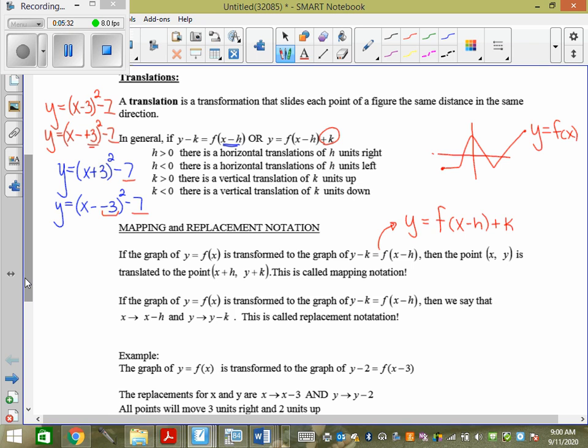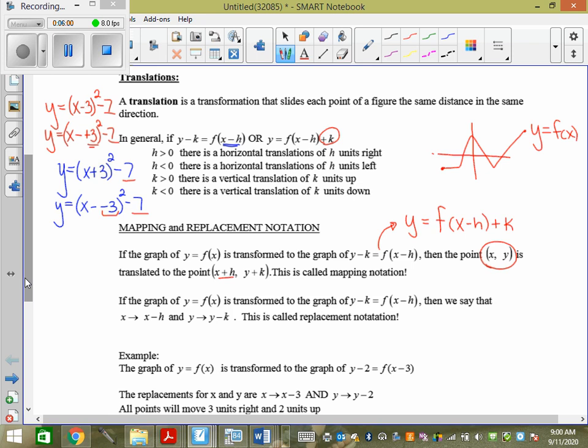So if I'm moving right, my coordinate, which used to be x, y, if I'm moving h right, what am I doing? I'm adding h to the x or y? The x, because the x is the one that moves this way, right? If I'm moving h right, I'm adding h to the x. If I'm moving k up, I'm taking that y wherever it was and I'm adding k to it.